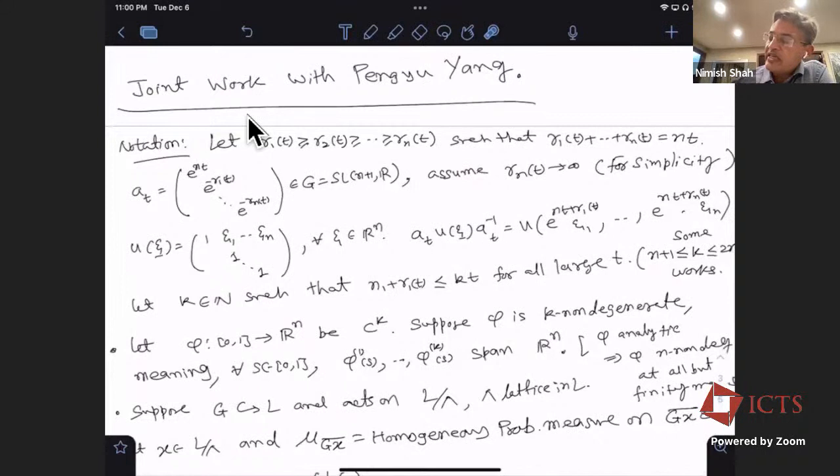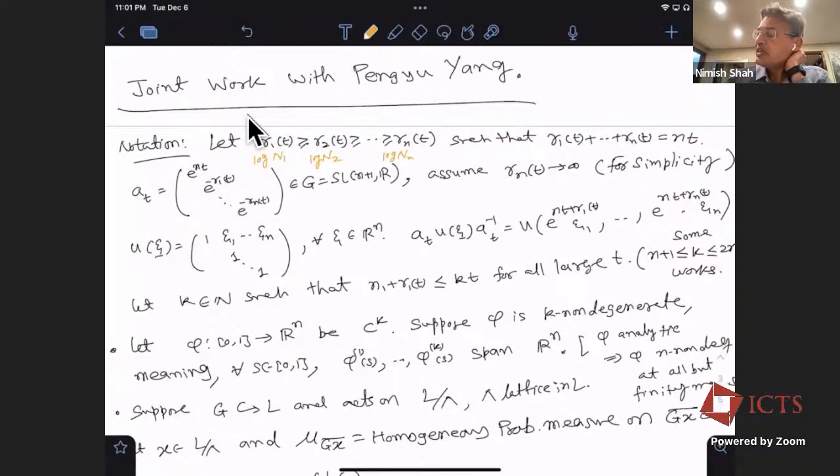To do this, I need some notation. Because I had this n1 to nn, instead of that, it's really the log of that. I'm going to call them r1(t), r2(t), up to rn(t), and I put them in order: r1(t) is at least r2(t), at least up to rn(t).